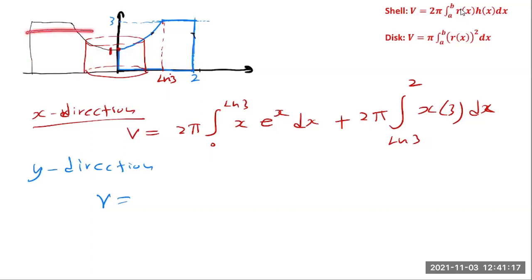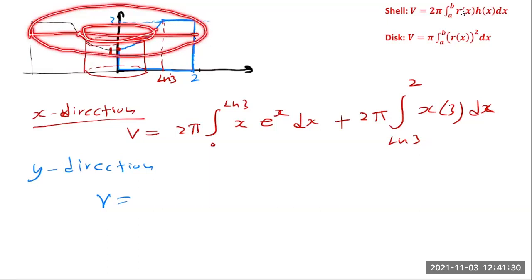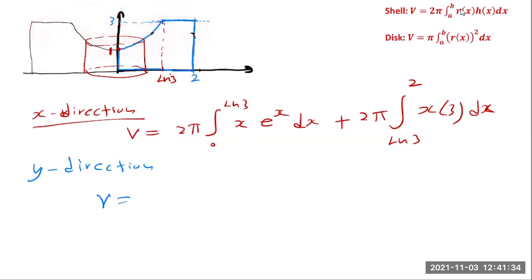And if you take a cross section in the second region, you get a washer cross section this time. So from here to here, I'm using the disk method, and from here to here, I'm using the washer method because I have washer cross sections.